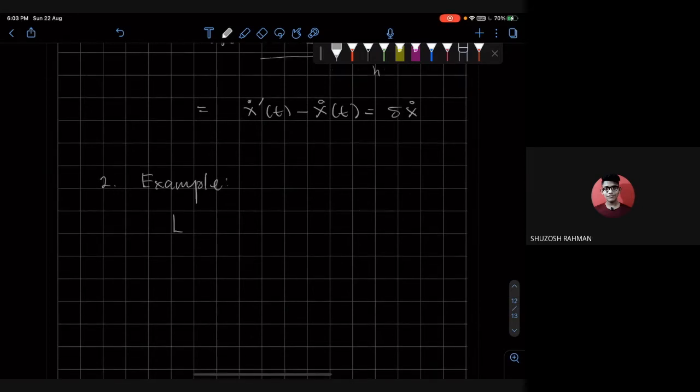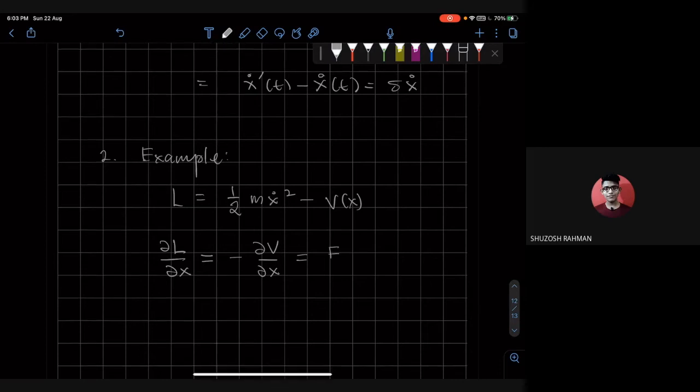In Newton's law, as we saw, the Lagrangian is half m x dot squared minus V of x. Then delta L by delta x is minus dV by dx, right? So this is the minus of the gradient of V, which is the force.